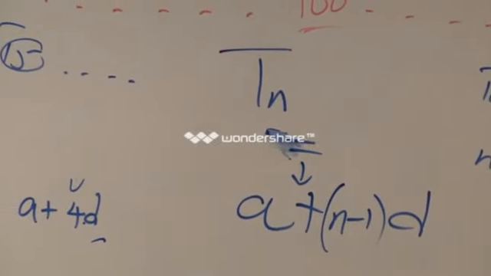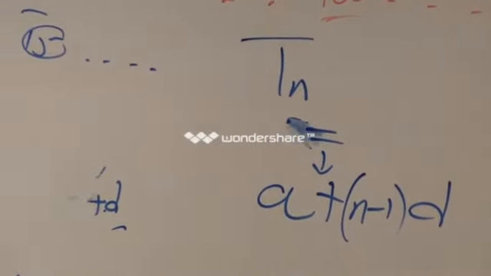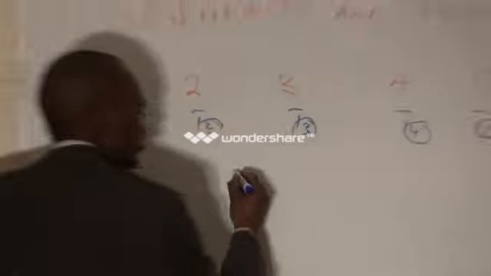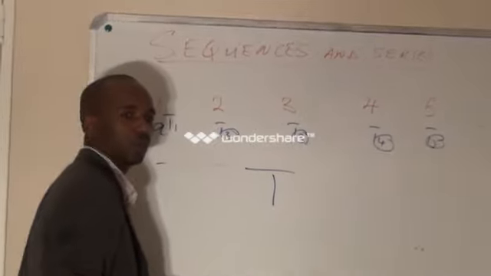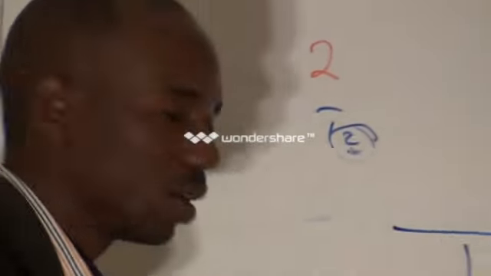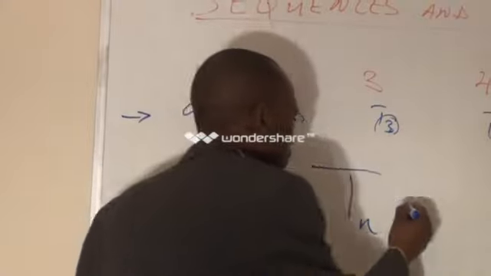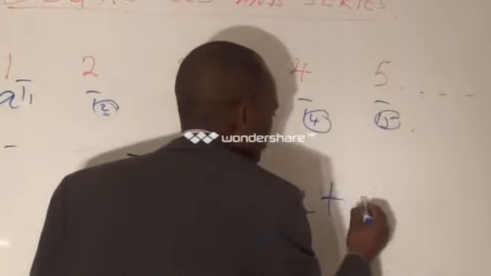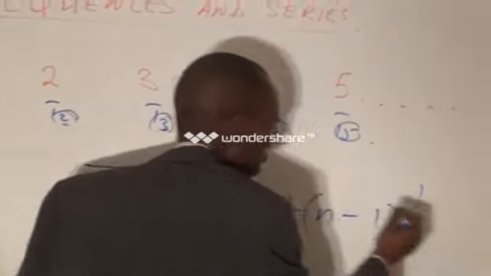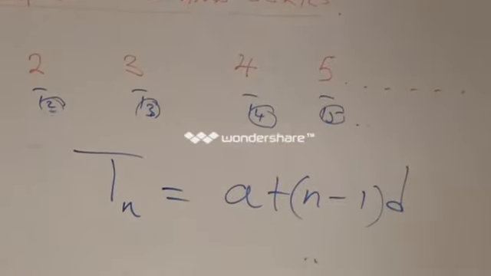So we can remove all that now. And this is what we are looking for. And we have seen how to get it. Tn, the nth term, any term, is A plus n minus 1 times D for this sequence.